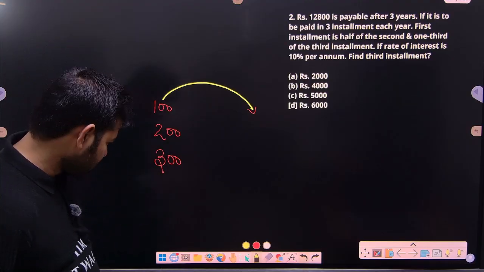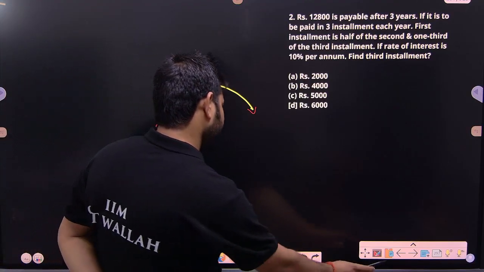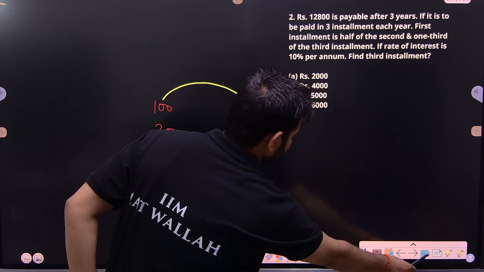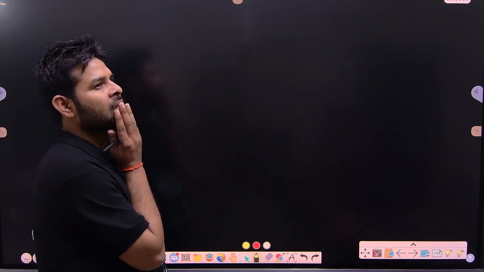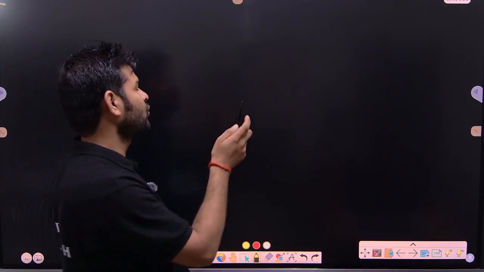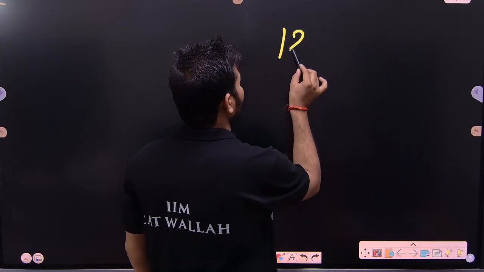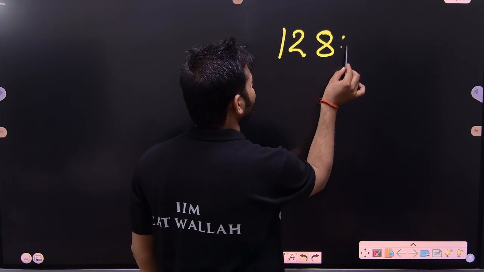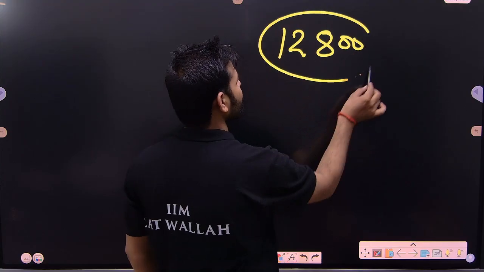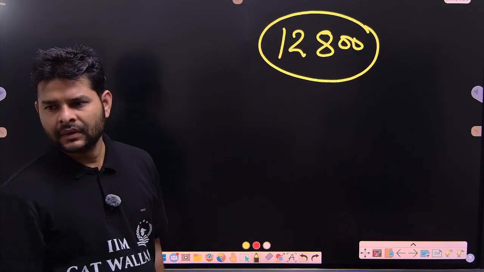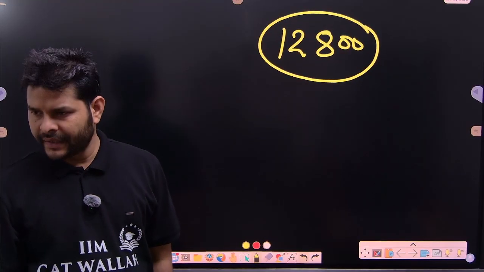You can understand this question in a scenario. Suppose I have to pay 12,800 to someone in installments.